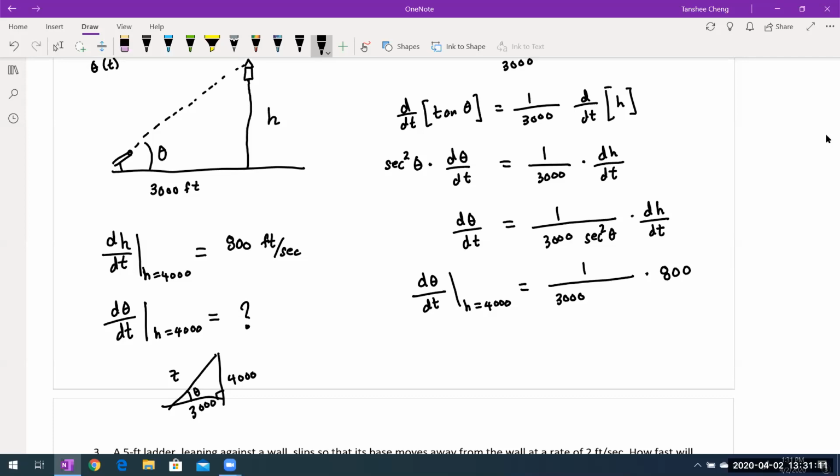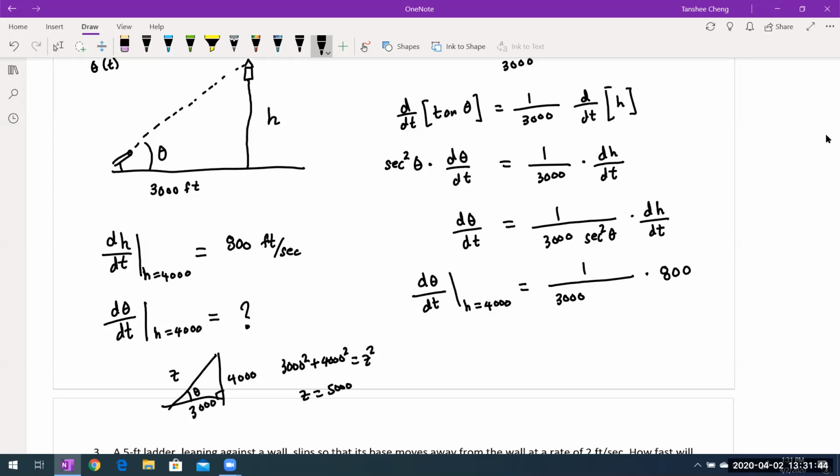We know this is a 3-4-5 triangle, or you can use the Pythagorean theorem to find it out. From your trig class, you probably learned some Pythagorean triplets and memorized a few of them. So 3,000² plus 4,000² equals z², and therefore z is equal to 5,000. That's the 3-4-5 triangle idea, the ratio.